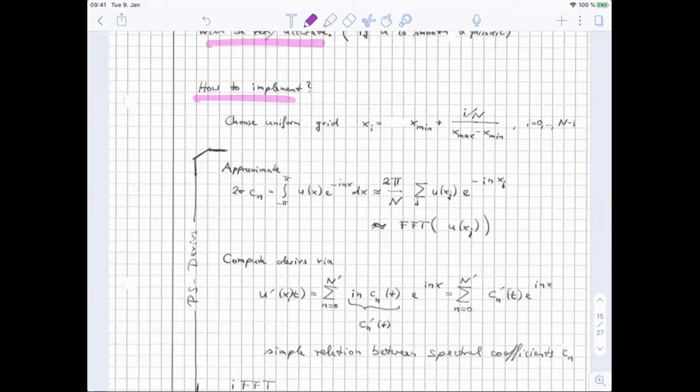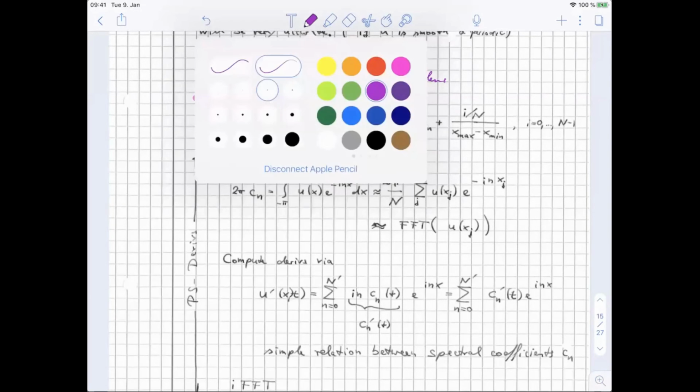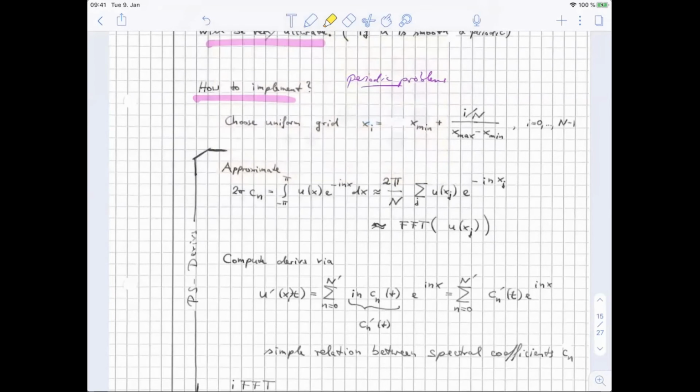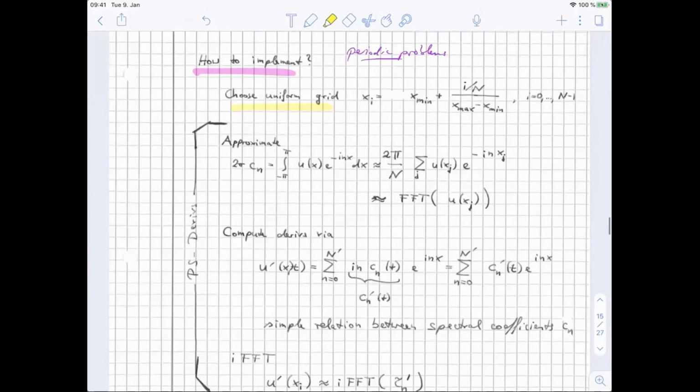For periodic problems, you still choose a uniform grid. This hasn't changed. It is uniform because periodic problems are translation invariant, so there is nothing better. And now the trick comes. In order to compute the spectral coefficients of your Fourier series, it is precisely an integral.